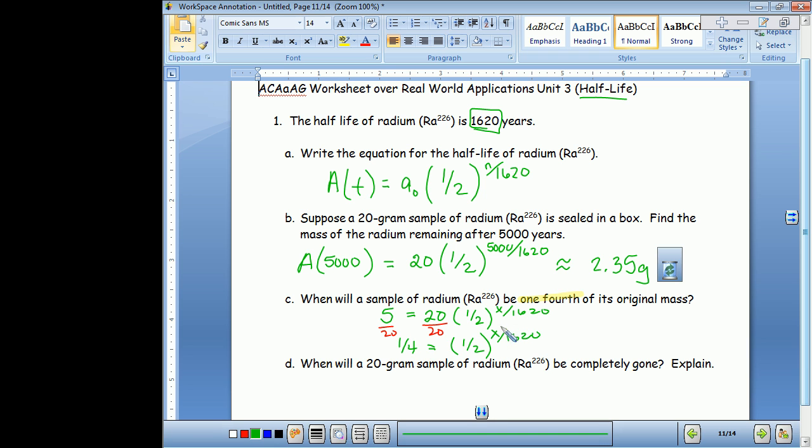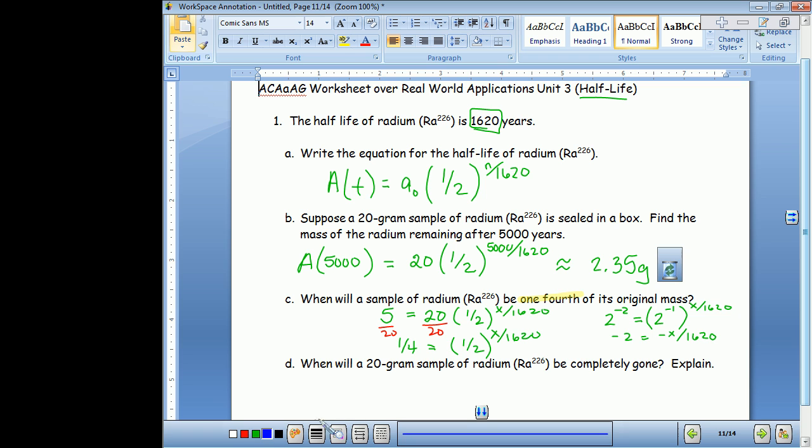Now you might be saying, ooh, how do I solve for this exponent? But you know how. We can write 1/4 and 1/2 with like bases. 1/4 is 2 to the negative second. 1/2 is 2 to the negative first. And now once we have like bases, we can set the exponents equal to each other. -2 is equal to -x divided by 1620.